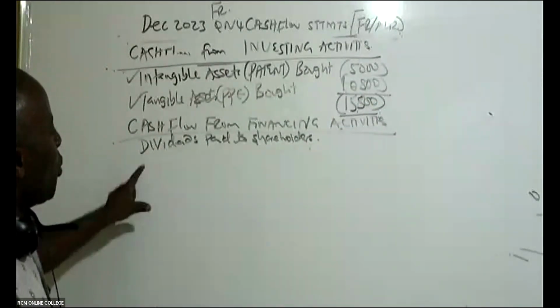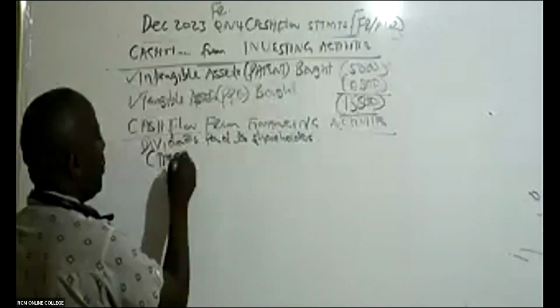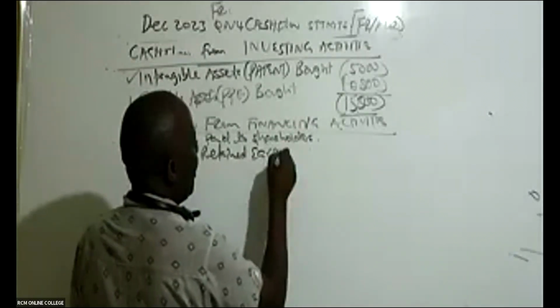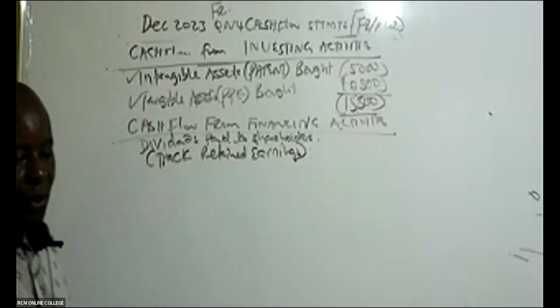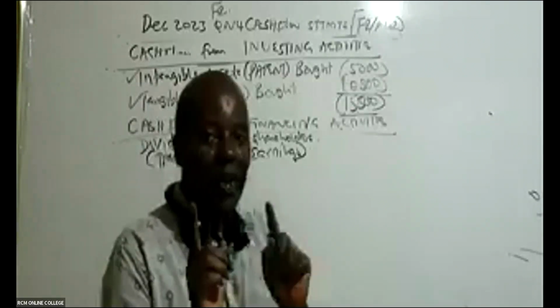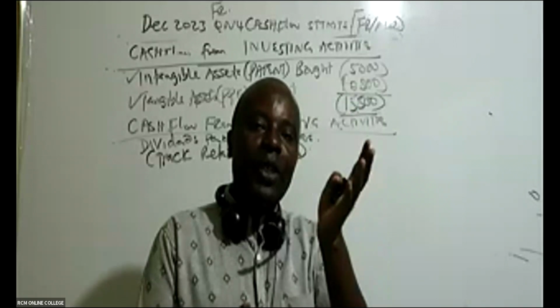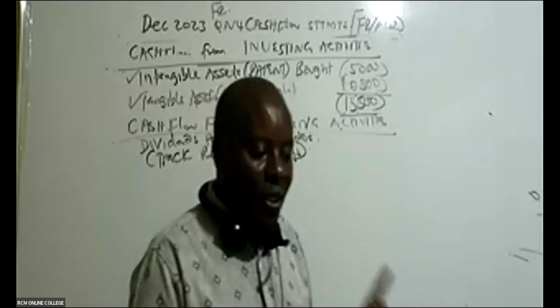And how do you get to know the dividends paid to shareholders? You track the retained earnings account, because there is a relationship between retained earnings and the dividends. When you make your profits, it's either you retain or give out some dividends. So go to your retained earnings.